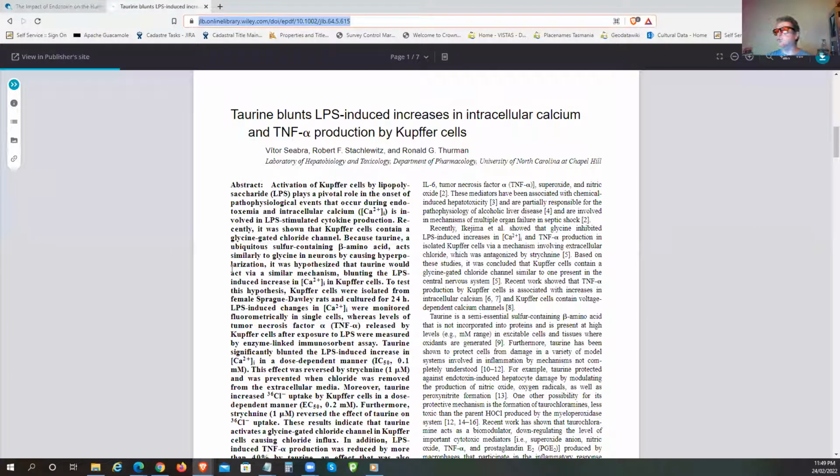Anyway, solutions: taurine blunts LPS-induced increases in intracellular calcium and tumor necrosis factor alpha production in Kupffer cells. The abstract: activation of Kupffer cells by lipopolysaccharides plays a pivotal role in the onset of pathophysiological events that occur during endotoxemia, and intracellular calcium is involved in LPS-stimulated cytokine production.